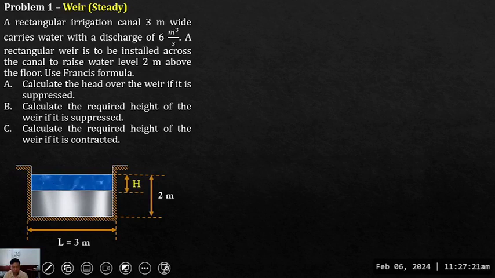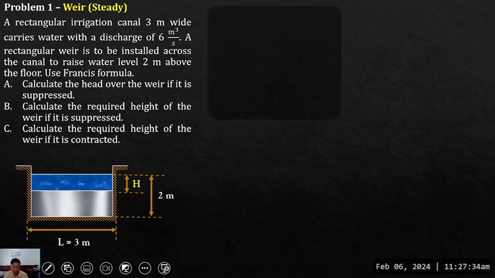Tapos yung head, as I've said earlier, that is always measured from the weir plate crest to the surface. So yung difference niyan, yung 2 minus H, yan yung tinatawag natin P. No? So again, in this first part, ang tinatanong dito is yung head over the weir, that's H.